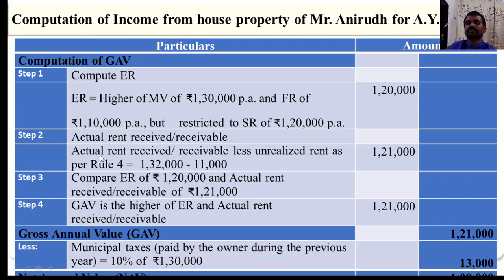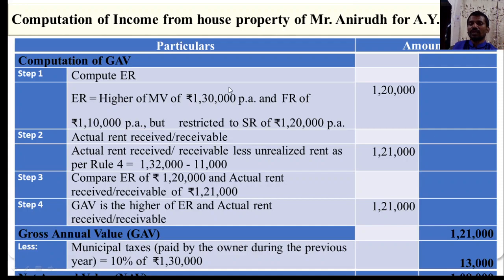ಅರ್ಥ ಆಗ್ತಿದೆಯಲ್ಲ? ಫಸ್ಟು ಎಕ್ಸ್ಪೆಕ್ಟೆಡ್ ರೆಂಟನ್ನು ಹೆಂಗೆ ಕ್ಯಾಲ್ಕುಲೇಟ್ ಮಾಡ್ತೀವಿ ಅಂದರೆ compare with municipal value and fair rent, whichever is more. Okay, and then more amount has to be compared with the standard rent, then less amount has to be taken.